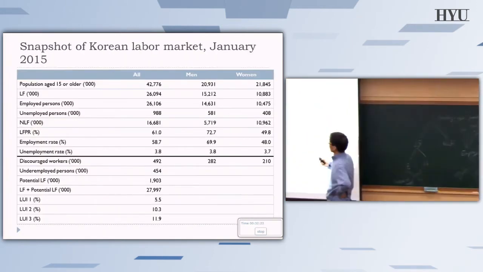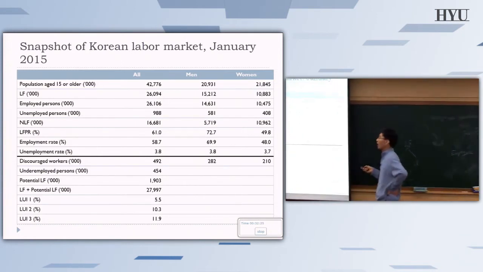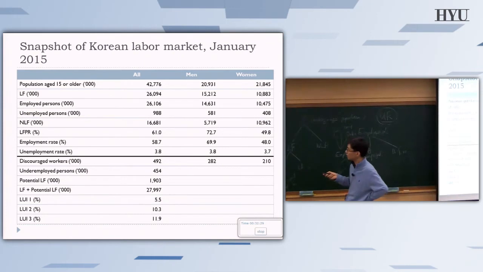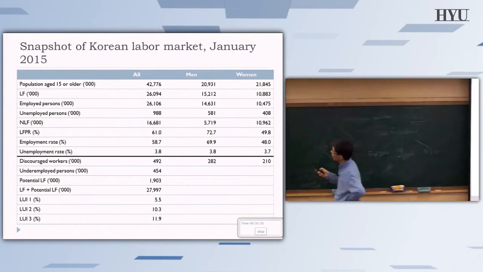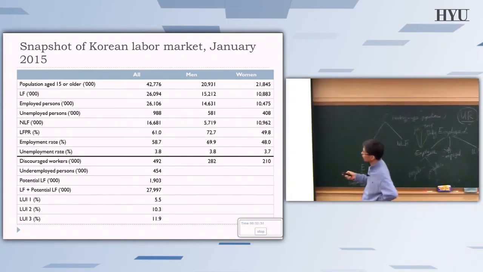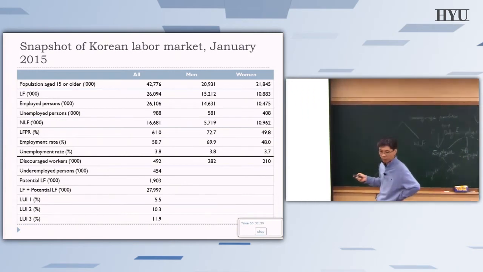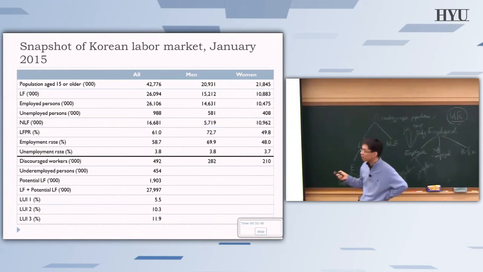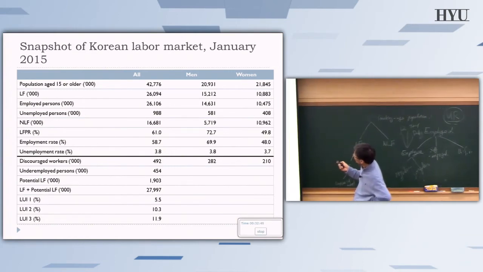So if you look at the snapshot of the Korean labor market, the latest statistics, January 2015, we have these numbers. The working age population, or population age 15 or older, is about 43 million people. Men are 21 million, and women are 22 million.